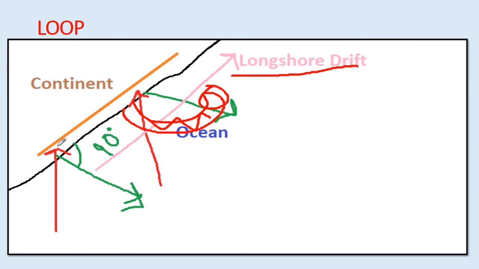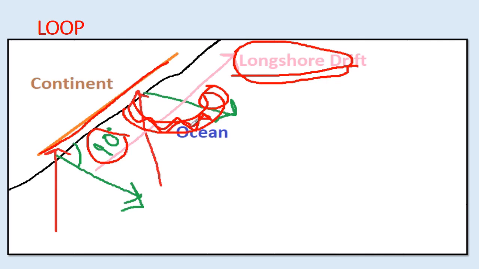Here the waves are coming and moving towards the ocean at almost a right angle, that is a 90-degree angle, and this is the continent or the shoreline. The longshore current or longshore drift moves parallel to the shoreline. In such circumstances, a bar parallel to the shore develops, and it moves and looks like a hook shape. It is known as a hook bar.